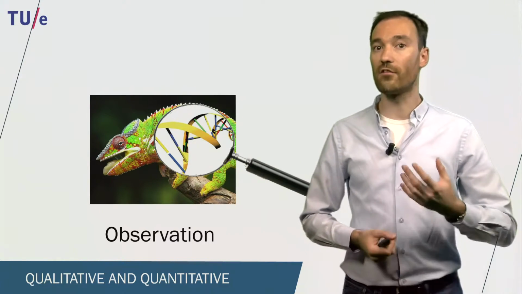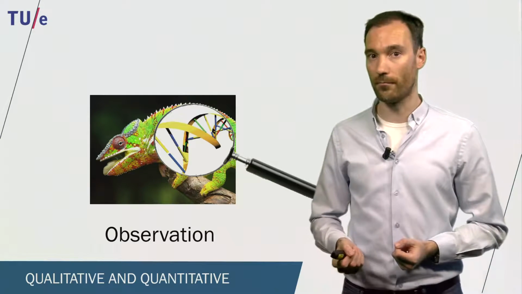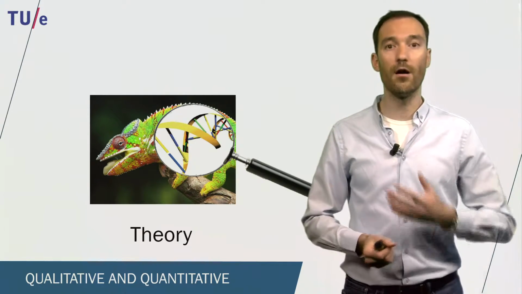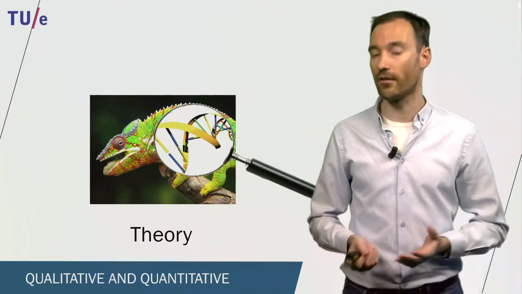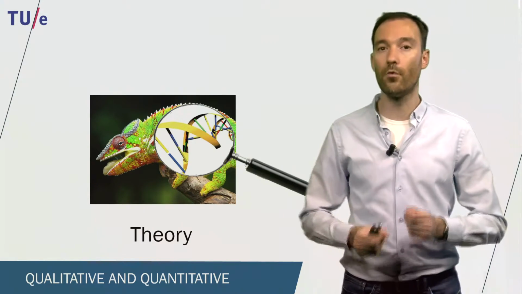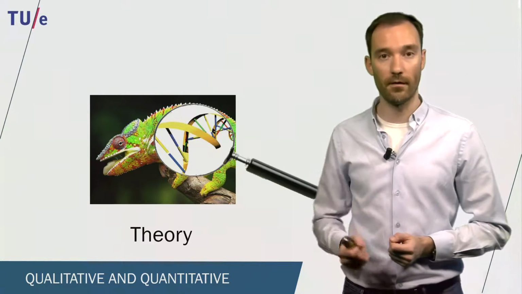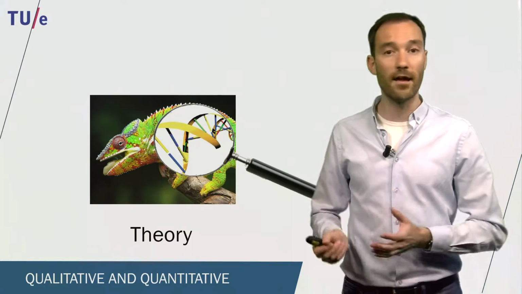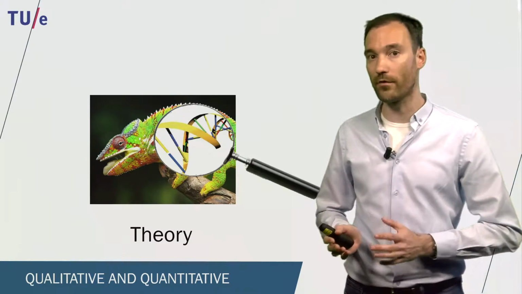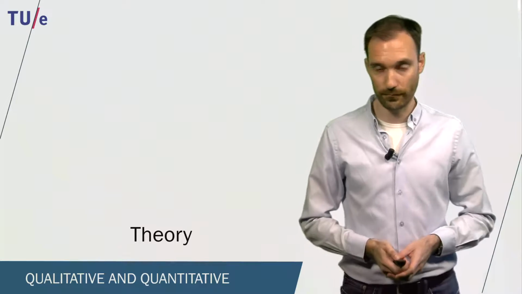What I see is that this chameleon has specialized cells that allows it to change color. So my theory would be all chameleons have specialized cells that allow them to change color. If I want to collect some data from the empirical world to test whether this theory holds, I can again use both qualitative and quantitative approaches. For this one, I use a quantitative approach.